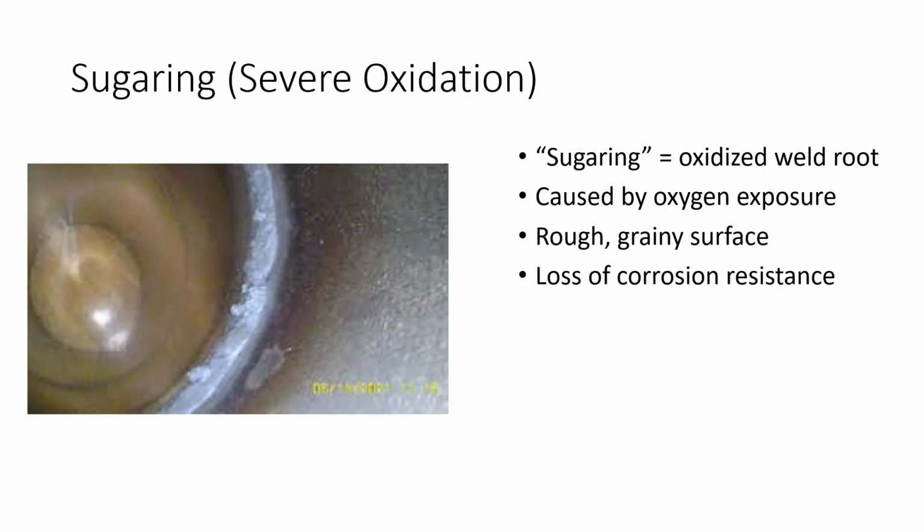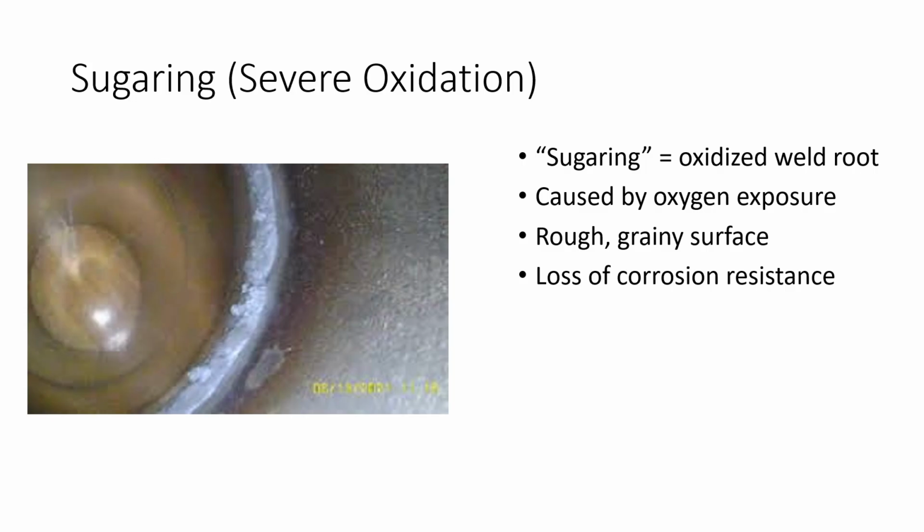Sugaring. Sugaring is severe oxidation. This takes place on the root. If we don't have a back purge, if we don't have a shielding gas on that back side, we're going to get an oxidized weld root. This is caused by exposure to oxygen and nitrogen. The atmosphere, those two things are not our friends.